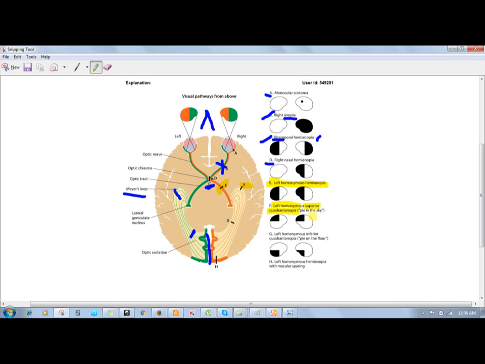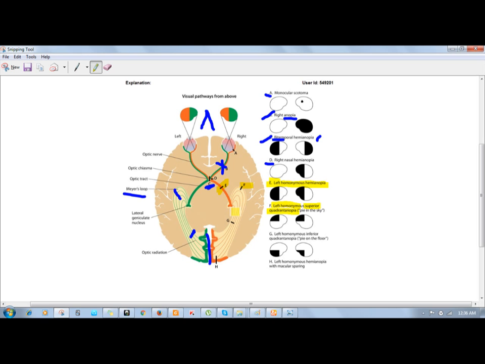That tells us that we will not be able to see the left side of the visual field of both eyes, because the right temporal lobe is for the left side of vision, the left side of the left eye and the left side of the right eye.